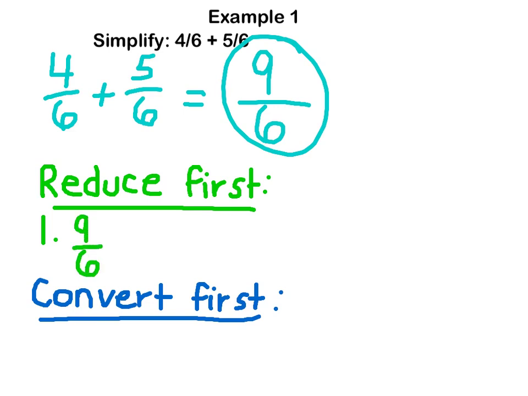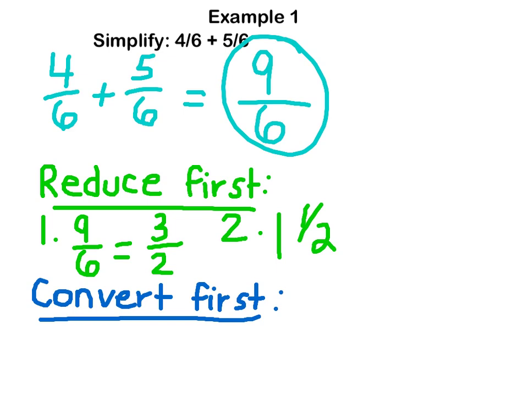So 9/6 is equal to, what number goes into both 9 and 6? You should be thinking 3. 3 goes into 9 3 times, and 3 goes into 6 2 times. And then I'm going to convert. 3/2 reduces to 1 1/2. So that's the first way you can do it.